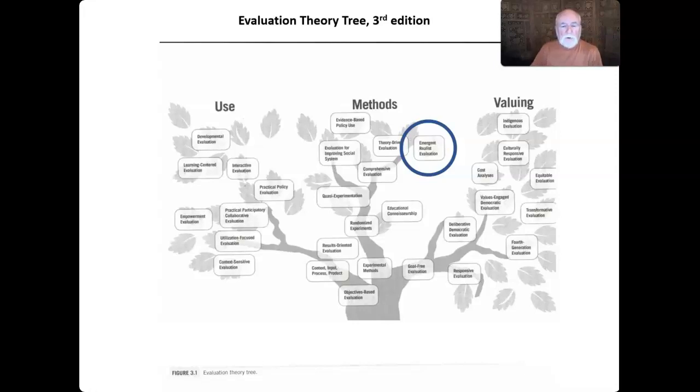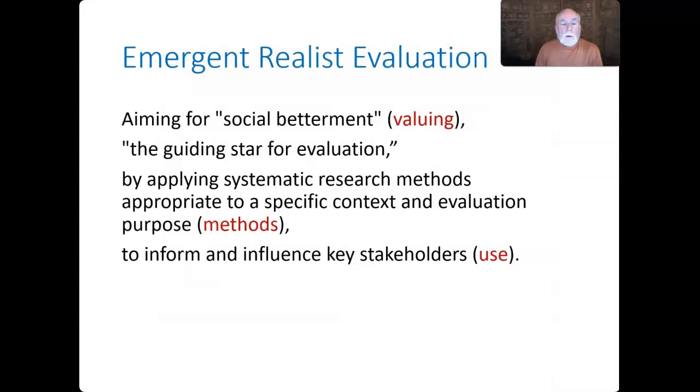As, for example, I would suggest in this summary, if we say emergent realist evaluation aims for social betterment, the valuing function, what they call, quote, "the guiding star for evaluation," close quote, by applying systematic research methods appropriate to specific context and evaluation purpose, the methods branch function, to inform and influence key stakeholders, the use function, that in this way we get a comprehensive integrated picture of the theory-practice connection and the way in which realist evaluation contributes to all three branches, draws on all three branches, and integrates that approach in its actual practice.